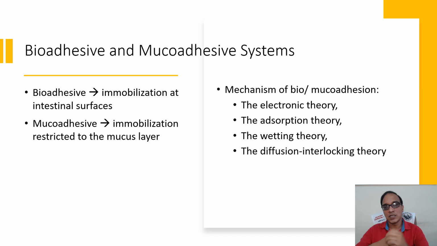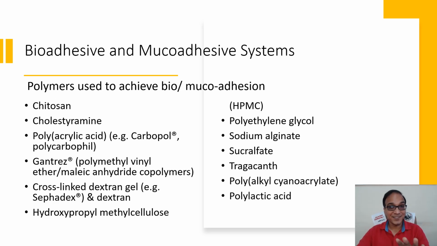When a device is attached to a biological substrate, it is called bioadhesion, and if the substrate is mucus, it is called mucoadhesion. So it is an entirely different subject to be studied. However, just briefly, bioadhesion may be described by the electronic theory, adsorption theory, wetting theory, and diffusion interlocking theory. We will be discussing these theories in mucoadhesion, don't worry.